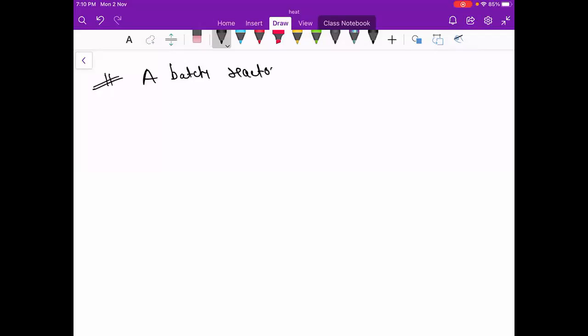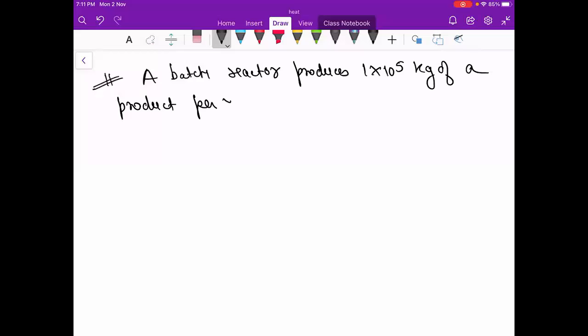Okay, a batch reactor produces 1 × 10^5 kg of a product per year.